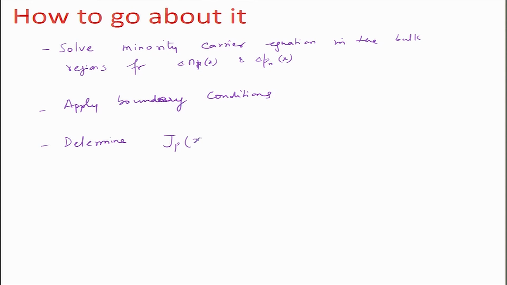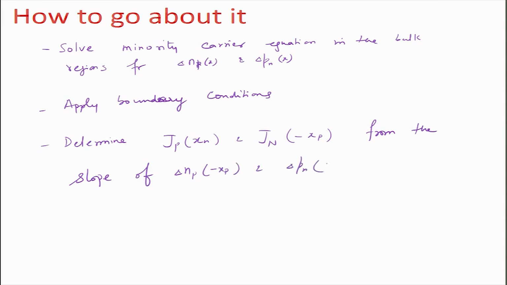then determine Jp at xn and Jn at minus xp, which means at the far ends of the semiconductor device, away from the depletion region, from the slope of delta Np at minus xp and delta Pn at xn.